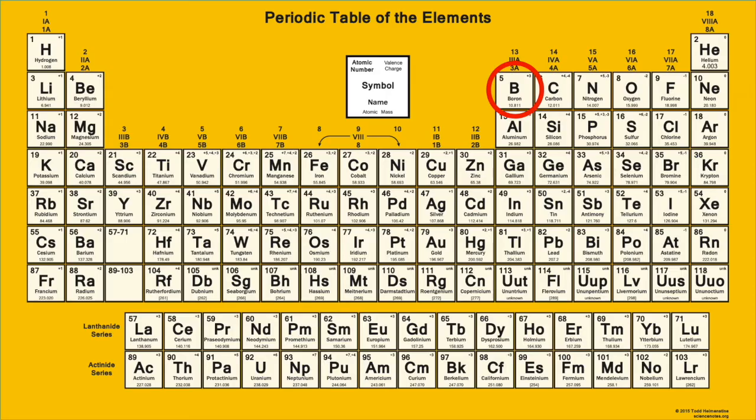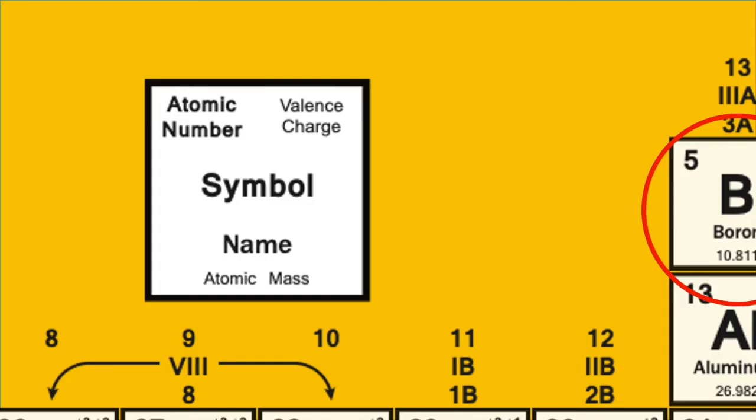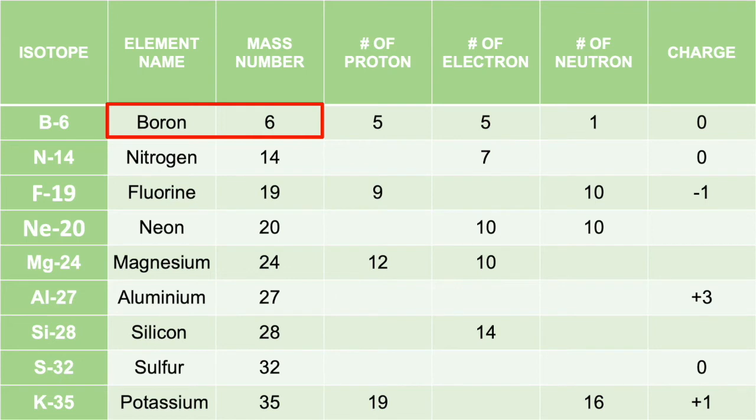It has a symbol B. Boron has an atomic number of 5, a symbol of letter B, and a mass number or atomic mass of 10.811. So the atomic mass of boron that should be indicated on our table should be 10.811. But why is it that in our table, boron has a mass number of 6?